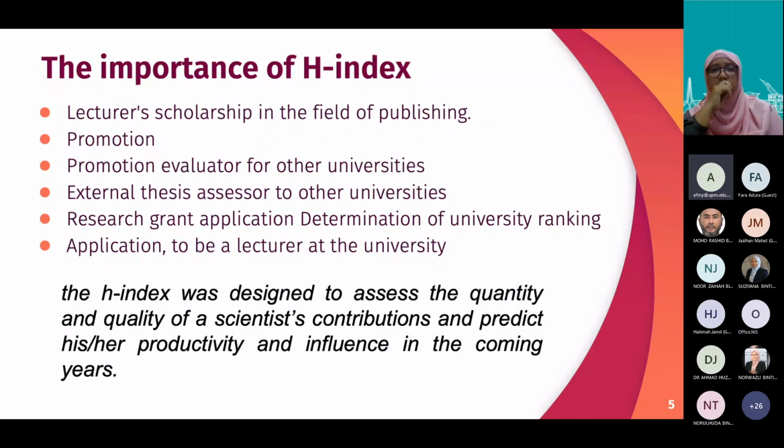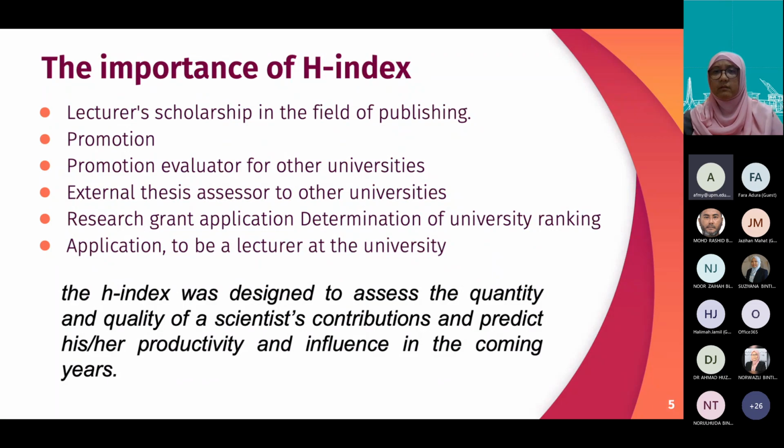And then the second thing is that for promotion, it depends on certain universities. For example, in UPM we have quote and unquote criteria for a promotion. Let's say for social science in UPM, the minimum H index is 3 to 5.